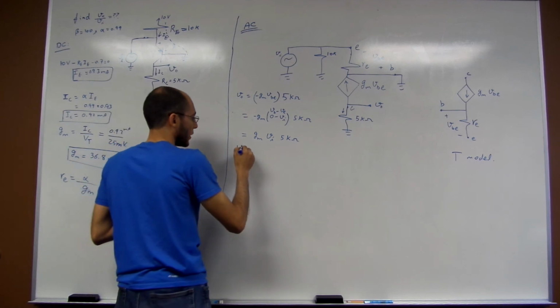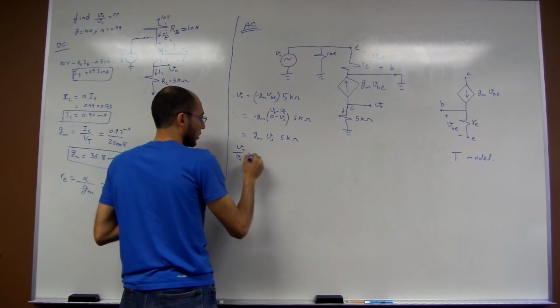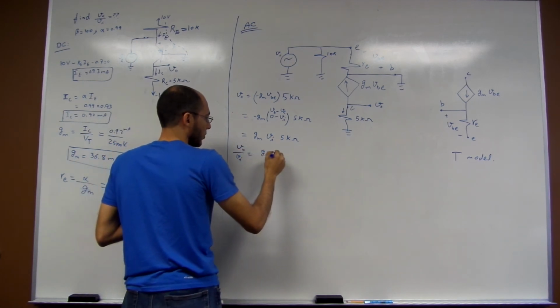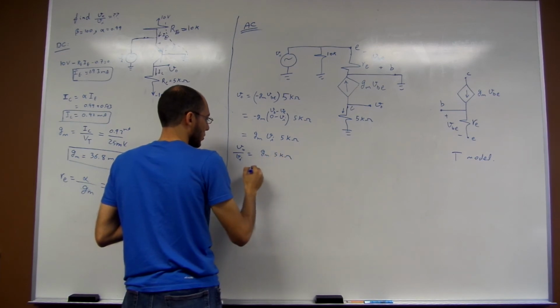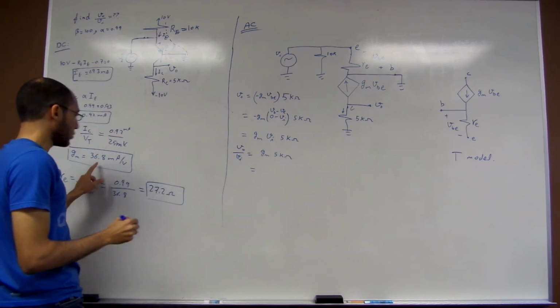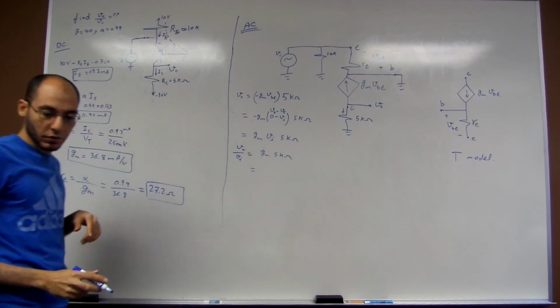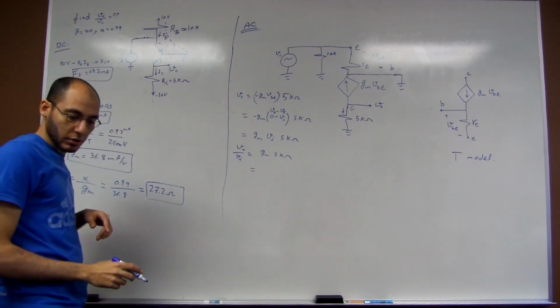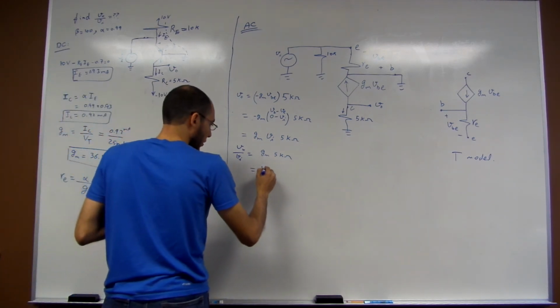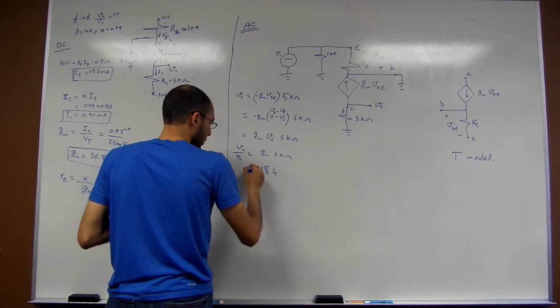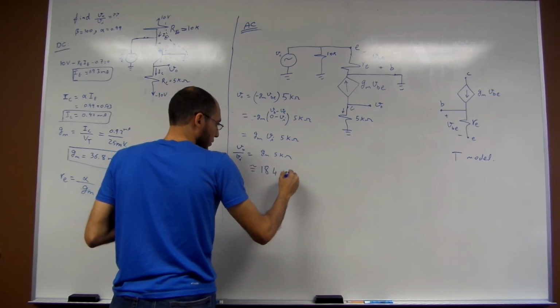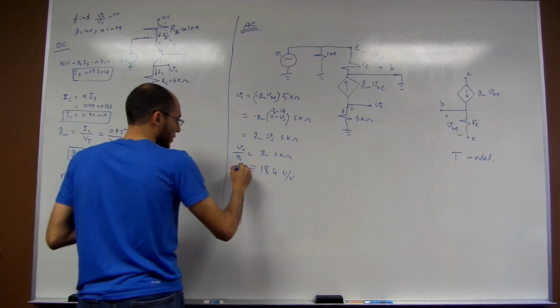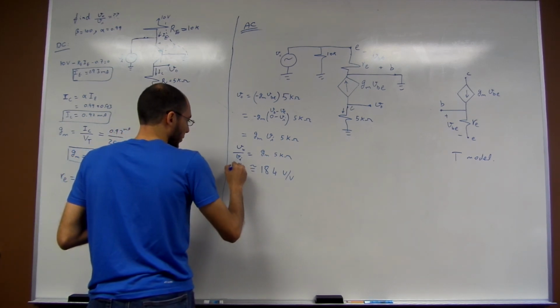So V output over V input equals GM multiplied by 5 kilo ohms. What is GM? 36. So multiply 36 by 5 kilo ohms, and you end up with roughly 184 volts per volt. So this is the V output over V input.